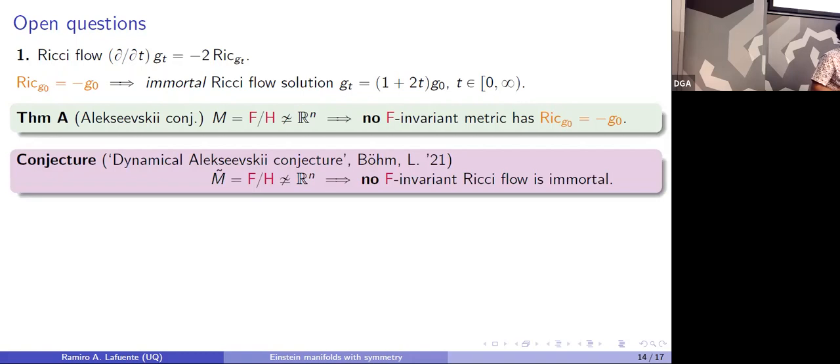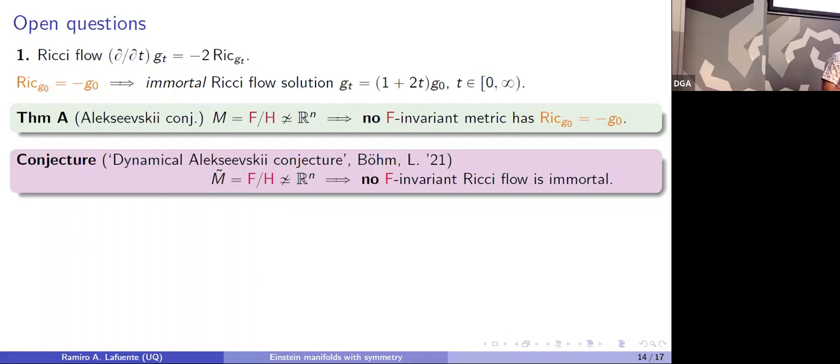Now, our conjecture, which we call the dynamical Alekseevsky conjecture, but this is not something Dmitri conjectured, just to make sure we're not misnaming it, is that if the universal cover of your homogeneous space is not Euclidean space, then not only are there no Einstein metrics with negative Einstein constant, we claim there shouldn't be any homogeneous Ricci flow solutions which live forever. So an Einstein metric would be a trivial example of a solution that lives for all times.